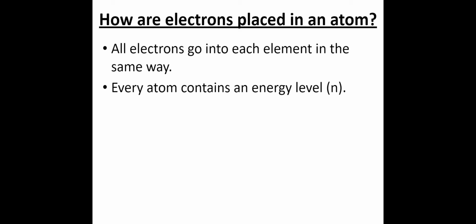The elements hydrogen and helium are in the n equals 1 energy level. Below that is energy level 2, lithium, beryllium, all the way to neon. N equals 1 with hydrogen and helium is the lowest energy level, closest to the nucleus of the atom.